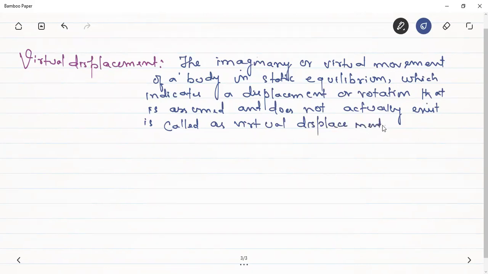Okay, so these are the displacements which we assume to exist, but they are not acting actually. These are the virtual displacements.